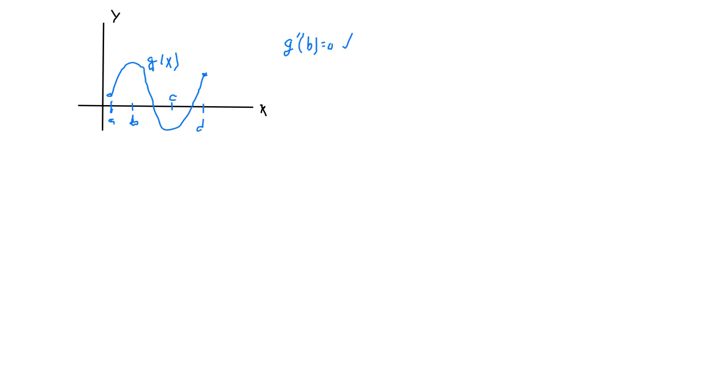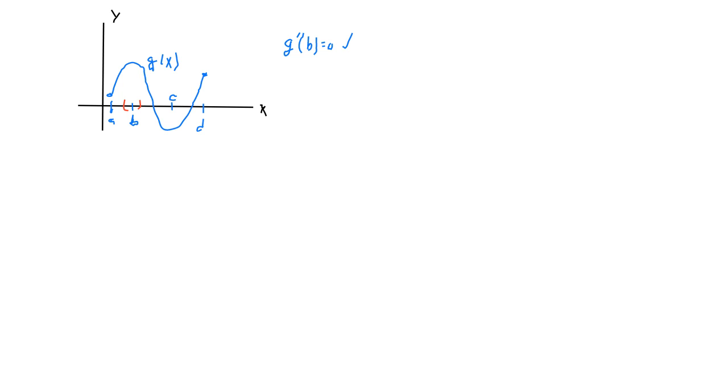It's an absolute maximum, but it's also a local maximum, because in a neighborhood of B the function g is highest at x equals B. So at x equals B, g of x has a local maximum, but it also happens to be the absolute maximum. That doesn't always happen.